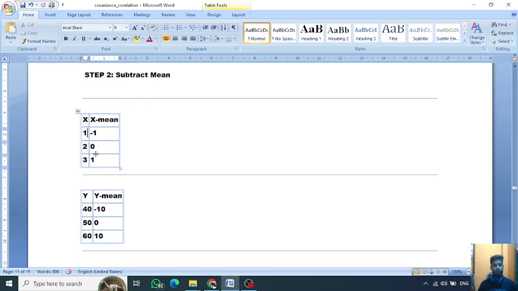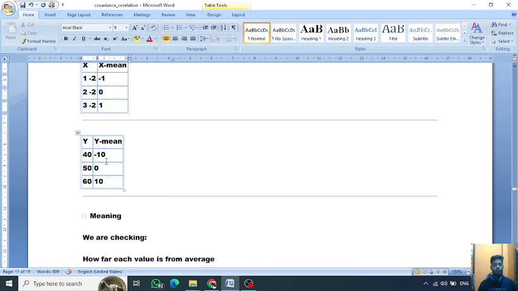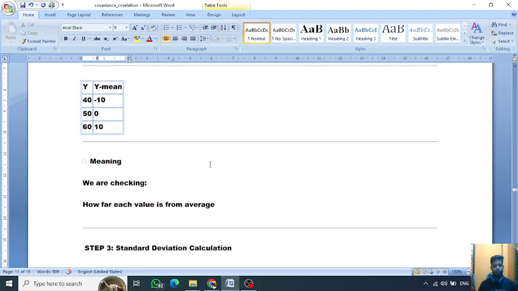In a similar way, we calculate for y. We just subtract 50 because the mean of y was 50. So 40 minus 50 is minus 10, 0, 10, right?